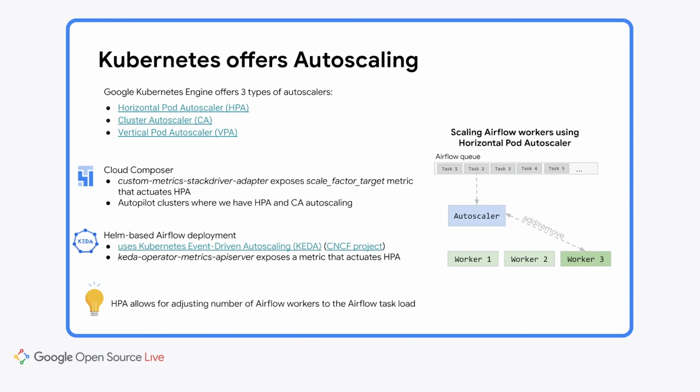Google offers three types of autoscalers: horizontal pod autoscaler, cluster autoscaler, and vertical pod autoscaler. Those autoscalers are used depending on the need. For example, if your cluster needs more or fewer nodes, the cluster autoscaler is going to take care of this task. On this slide, let's focus on the horizontal pod autoscaler.